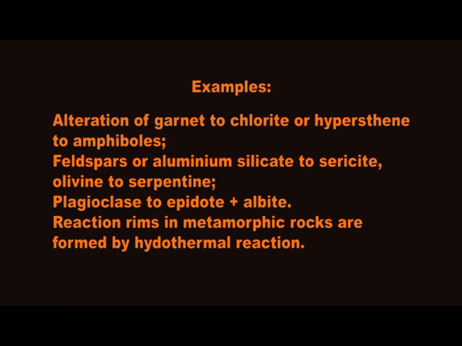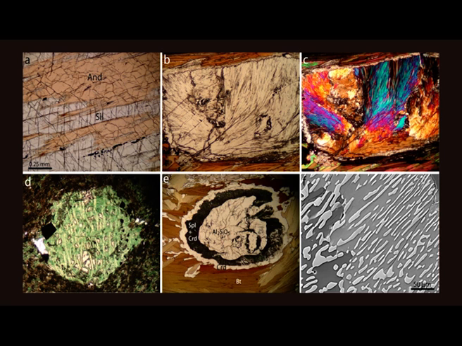Examples: alteration of garnet to chlorite, or hypersthene to amphiboles, feldspar or aluminum silicates to sericite, olivine to serpentine, plagioclase to epidote plus albite. Reaction rims in metamorphic rocks are formed by hydrothermal reaction.